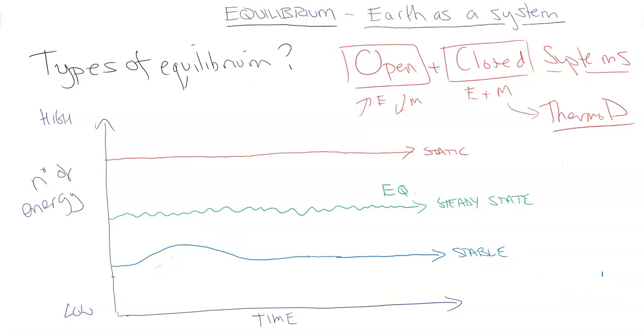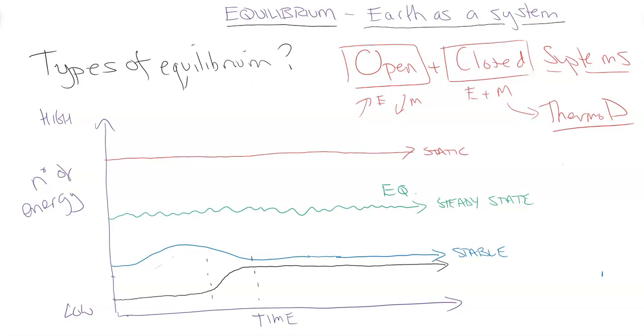Our next one is unstable. So you've got this initial equilibrium, and then we go up, and then we go this. So we're looking at right here, in this little area, we've got this stable, maybe even steady state equilibrium.